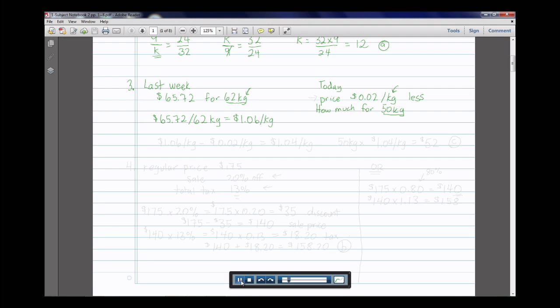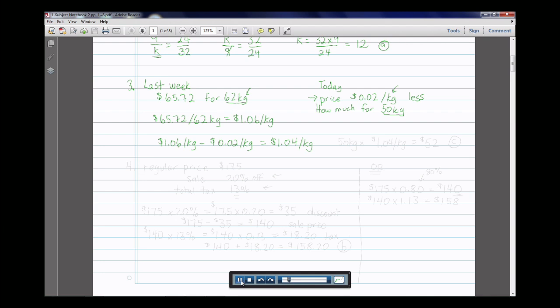Then we use this fact that the price is 2 cents per kilogram less. So it was $1.06 per kilogram, and now we're going to pay 2 cents per kilogram less. So what we're actually paying is $1.04 per kilogram. Are we done?